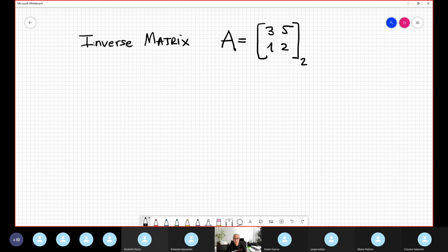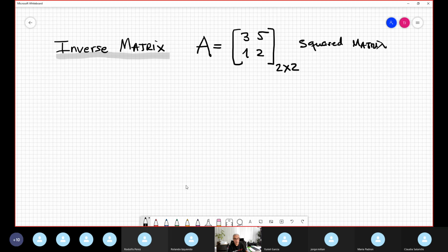This is 2 by 2. So there are 2 requirements for the inverse matrix to exist. The inverse matrix does not always exist. But when it exists, it's because the matrix is square: 2 by 2, 3 by 3, 4 by 4. If it is 2 by 3, it is a rectangular matrix, and the inverse matrix does not exist.